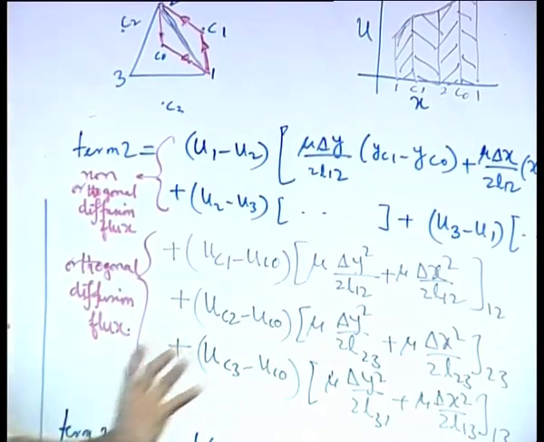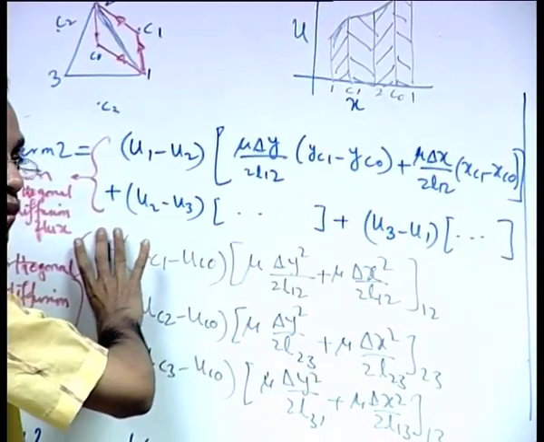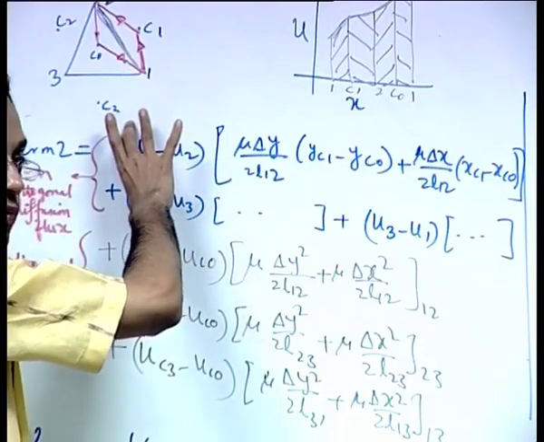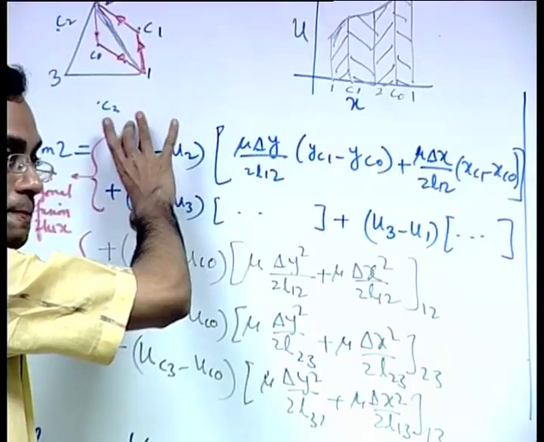So if it was a structured grid, only the orthogonal type of diffusion flux would have been present, but because of unstructured grid the non-orthogonal flux terms arise.